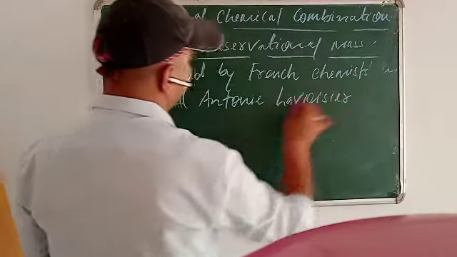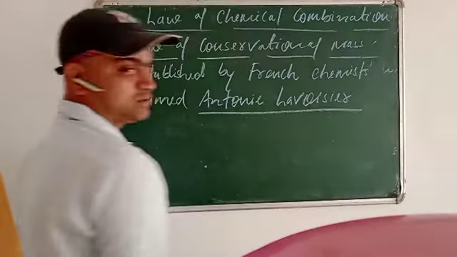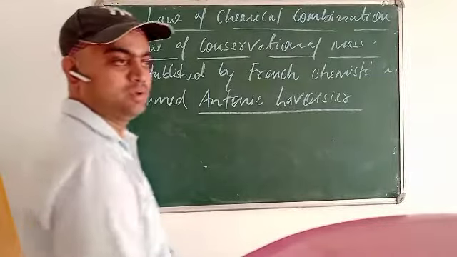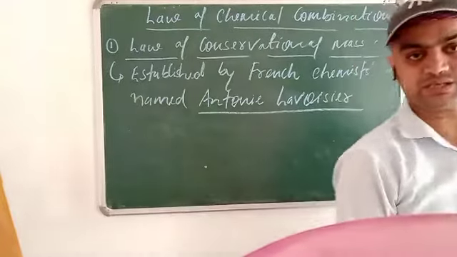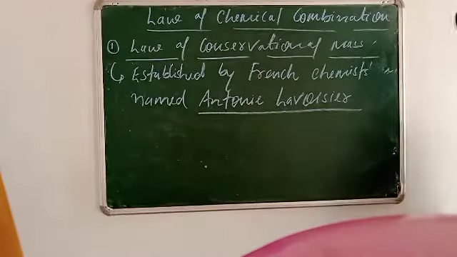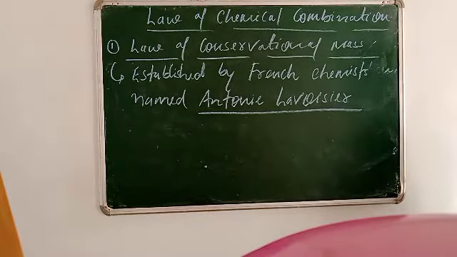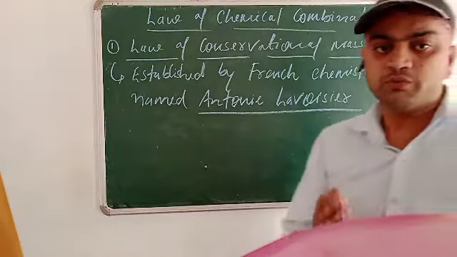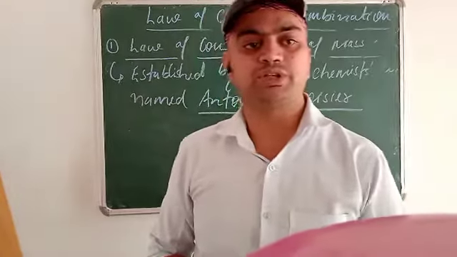Antoine Lavoisier, very important. As you know, he is also called the father of chemistry. Clear? So the law of conservation of mass was established by the French chemist Antoine Lavoisier. Now we are going to start: what is the law of conservation of mass?